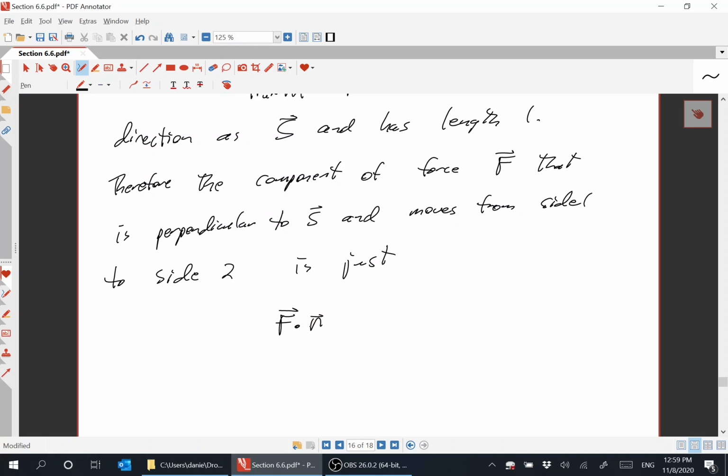So at any given point, the amount of the vector field that's flowing across S is F dot this unit normal function.